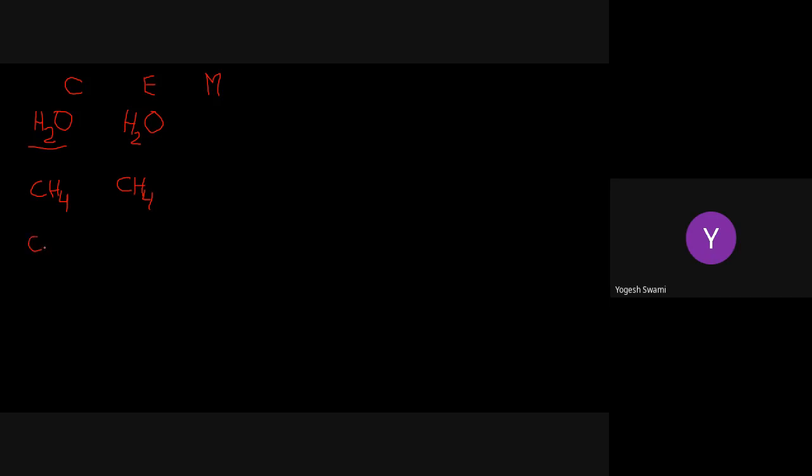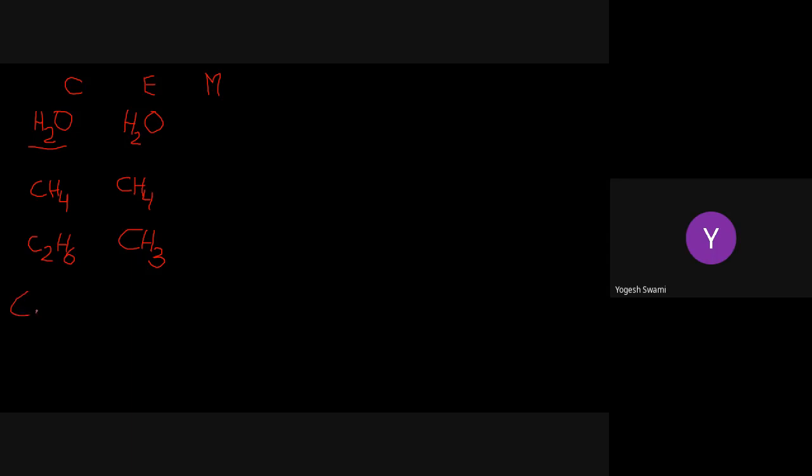For example, you have C2H6, ethane. Carbon and hydrogen are present in 2:6 ratio. And the simple ratio is 1:3. So the empirical formula of ethane is CH3 only.